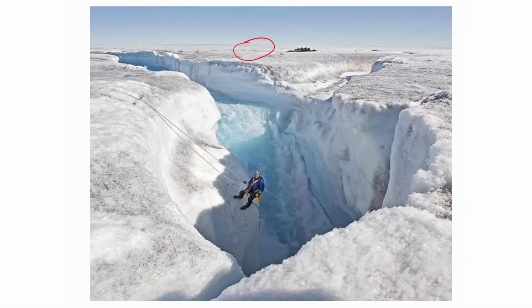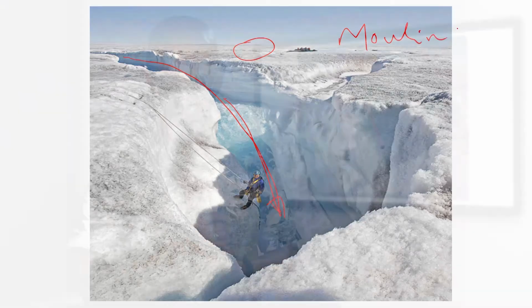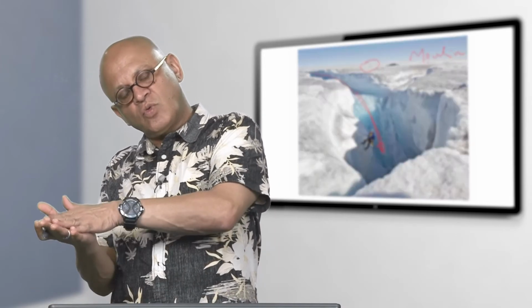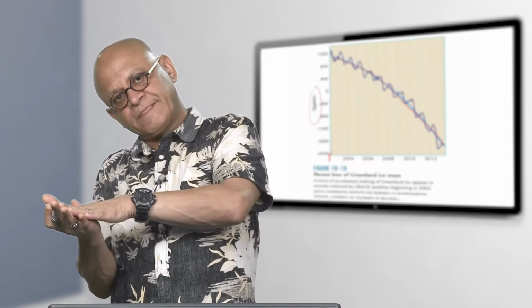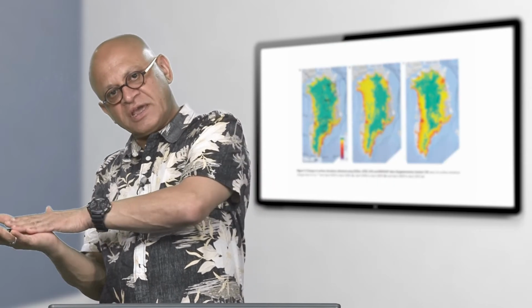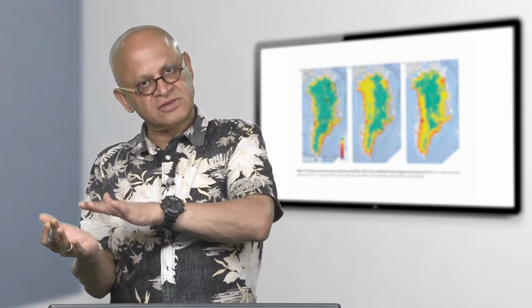So it will get warmer and it will start melting more. And soon the melting gets so serious that it begins to create these kind of waterfalls within the glacier, and it pours into the glacier and creates what are called moulins and so on. Moulin is like a French word, you can look it up. So they can go all the way to the bottom, the bedrock where the glacier is sitting, and they can begin to lubricate the bottom, which means the glacier movement can be accelerated and so on and so forth.